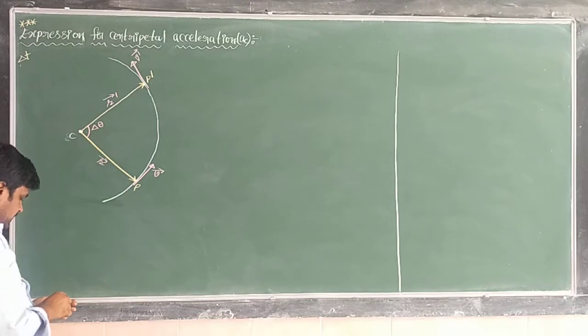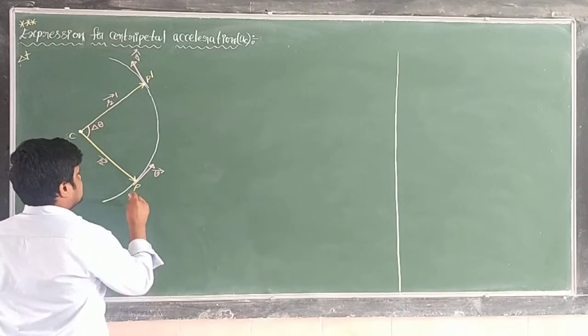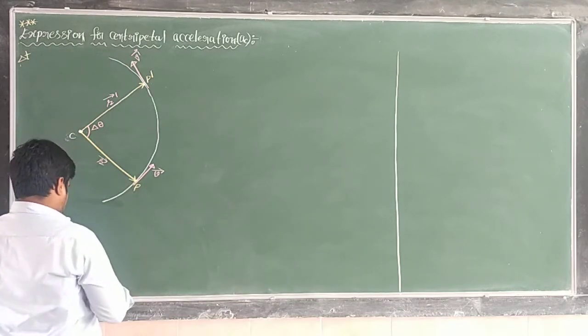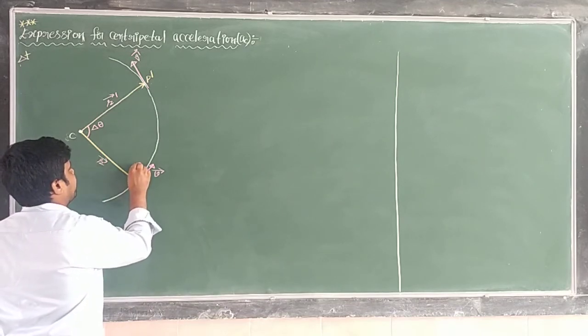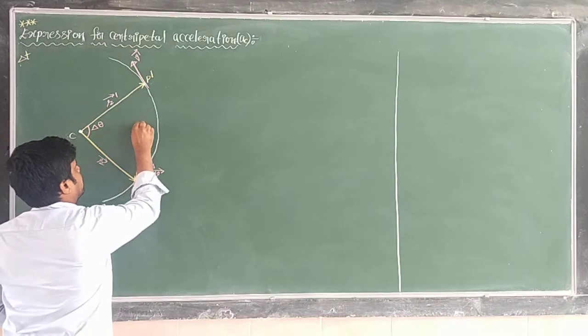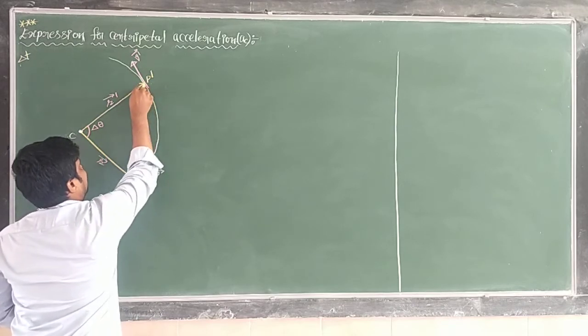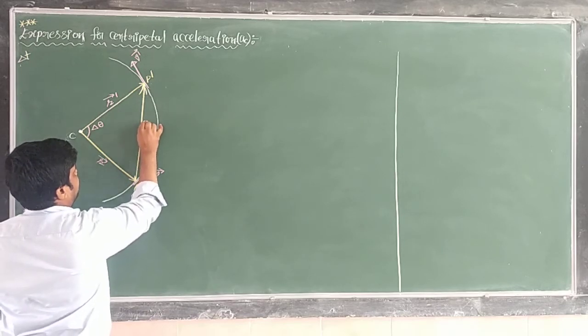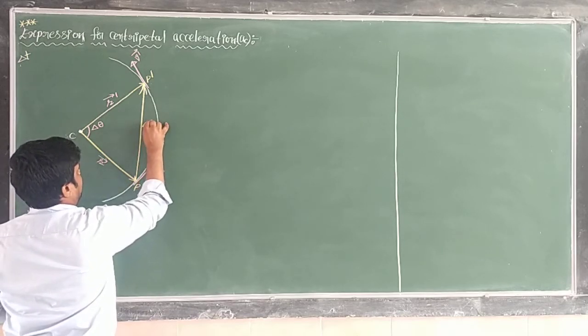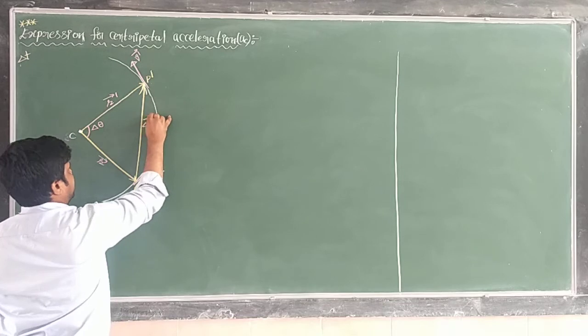And what is the displacement of the object? The object has displaced from P to P dash, so the displacement is delta r bar.